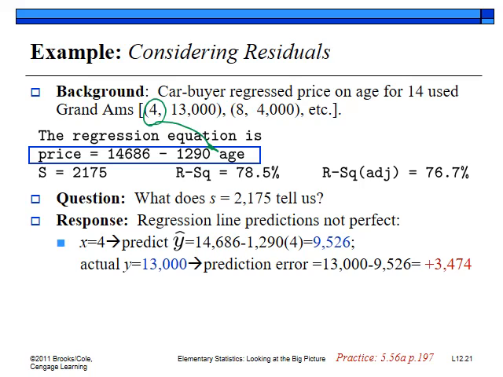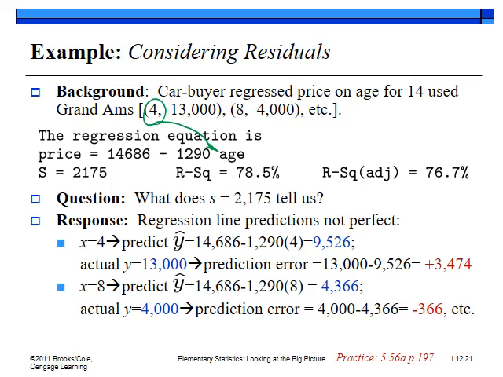Positive because the actual value was higher. If the age equals 8, we plug that in. X equals 8 gives us y hat equals 4,366, whereas the actual observed value is 4,000. The observed value is below the predicted value, so the difference, observed minus predicted, gives us a negative number, negative 366.